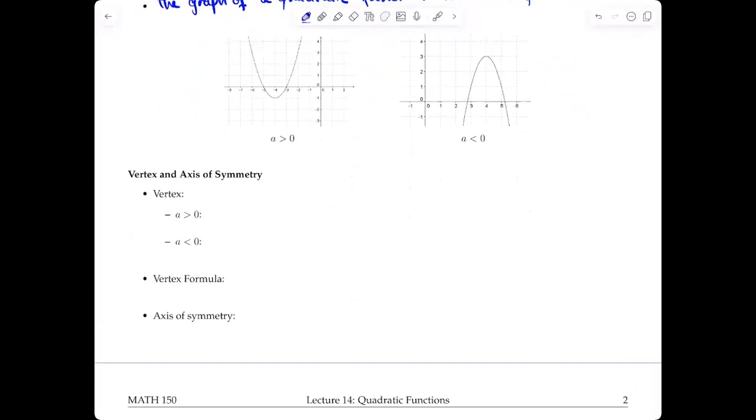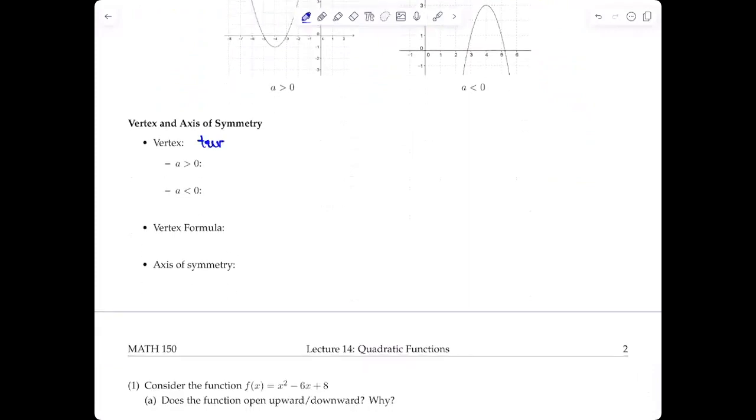Next definition, vertex. It's just a fancy word to say the turning point of the parabola. Depending on the value of the leading coefficient a, you will have a different vertex, right? If a is positive, that means you have the parabola opening upward, and the vertex is a minimum.